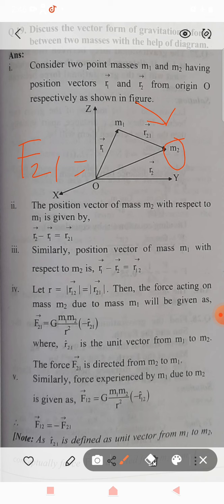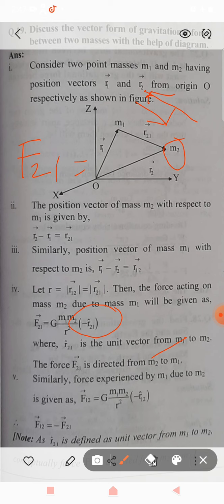So the vector is moving from 2 to 1. So this is the force acting on the second due to the first. Now the vector r21 is a unit vector from mass m1 to m2. The force F21 is directed from m2 to m1. So this is the direction of the force.